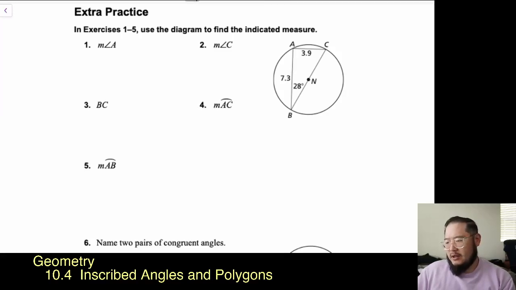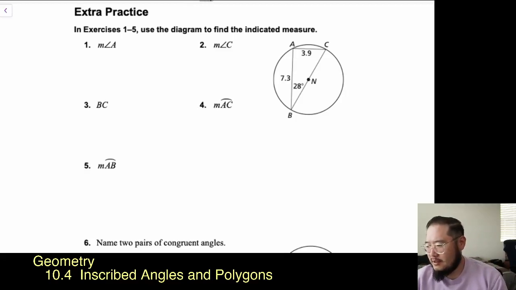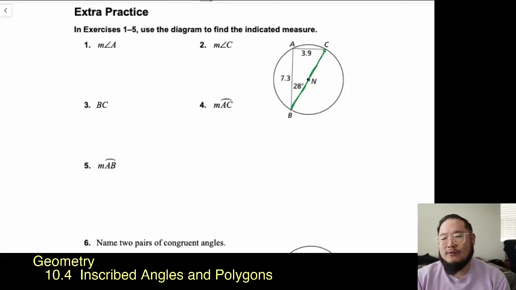Okay, so I look right here at this diagram, and one thing that sticks out to me is that if I look at segment CB, or the chord, or now more specifically, that's a diameter, I know that I have myself a right triangle, right?